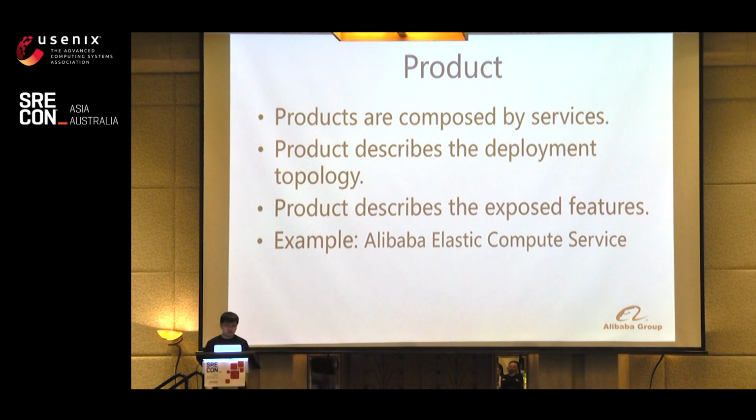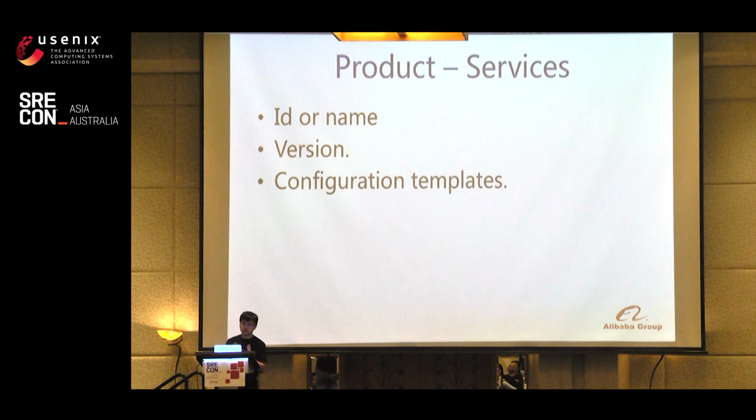So this kind of thing, we make it a product. And because a product is composed of services, for the service described in the product, we need a unified ID or name to reference a real service, because we have service in our concept.